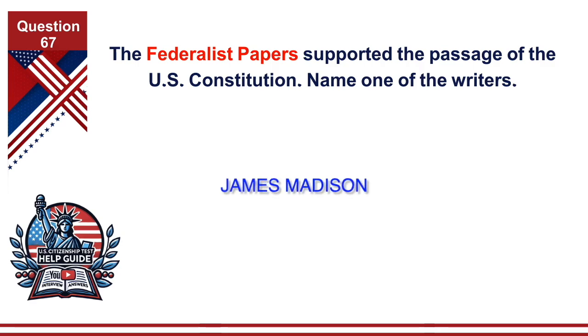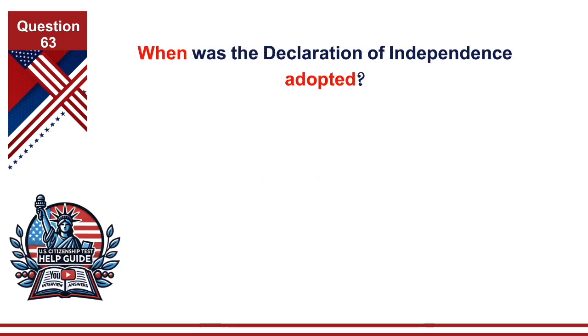James Madison. When was the Declaration of Independence adopted? July 4, 1776.